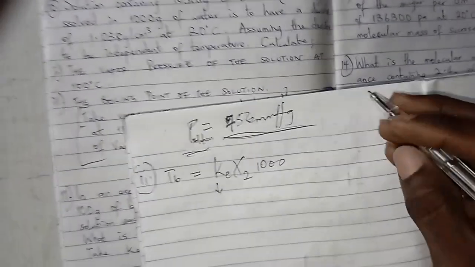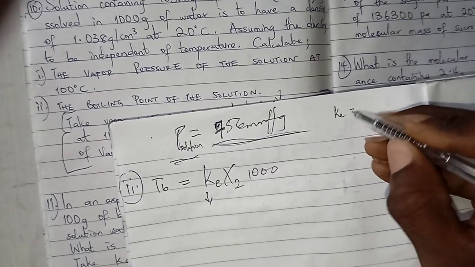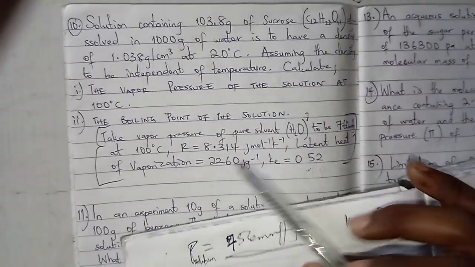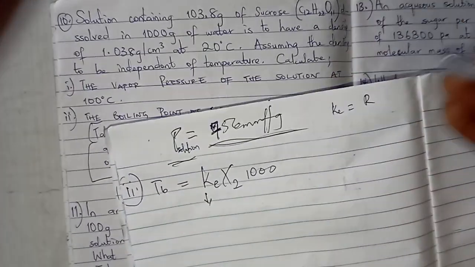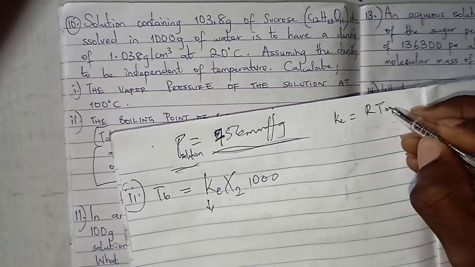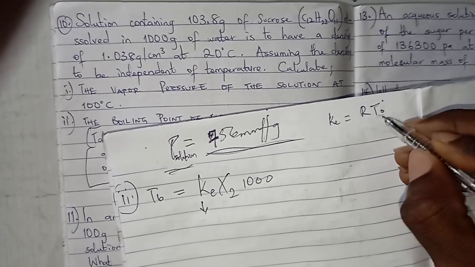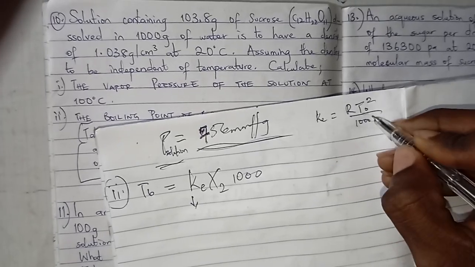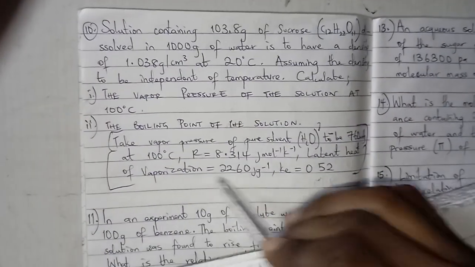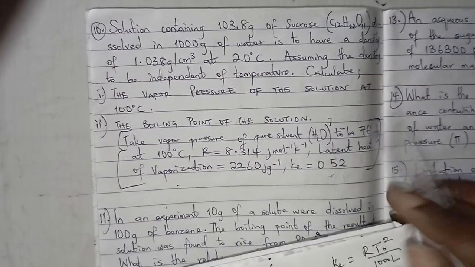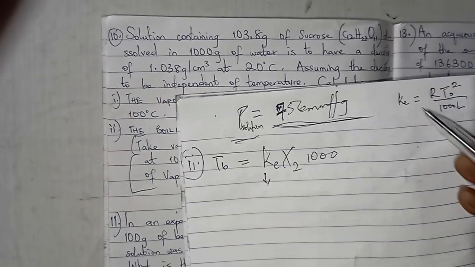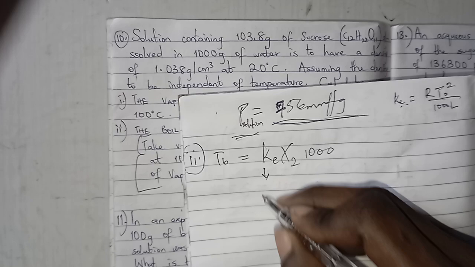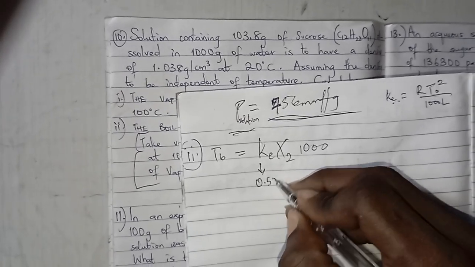In a situation where it's not given, you use Ke equals R T naught squared, that is the temperature of the pure solvent squared, all over 1000 times latent heat of vaporization, to find Ke. But it is given, 0.52.